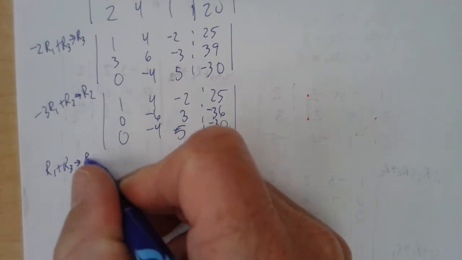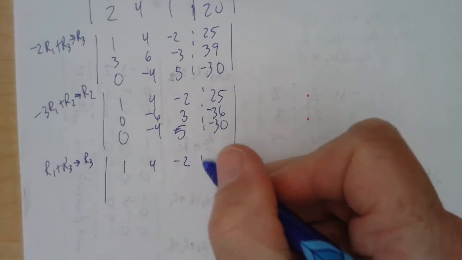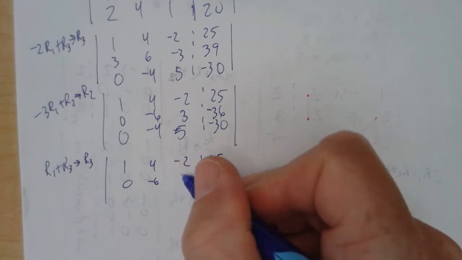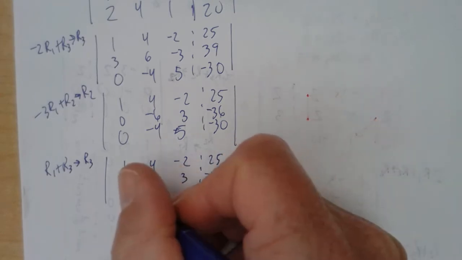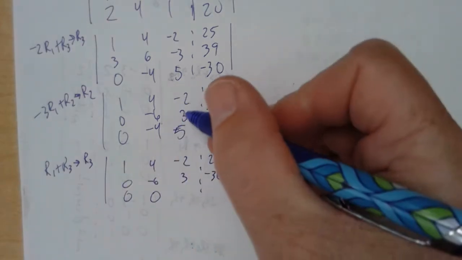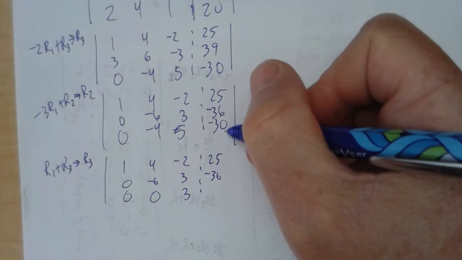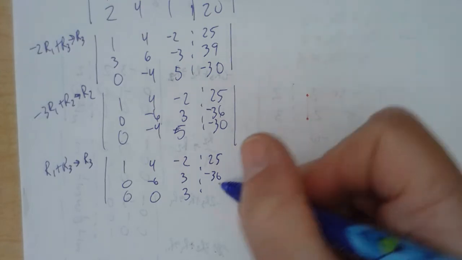Put the answer into row 3. Zero, 0. Add the two rows together. 3. Negative 5.